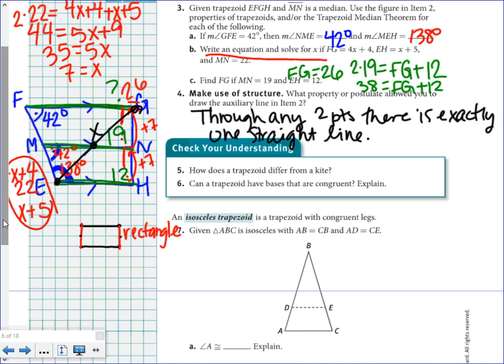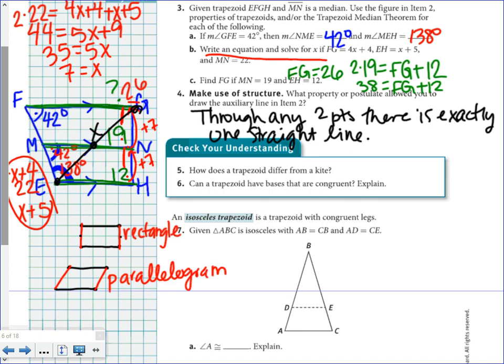But it doesn't have to be a rectangle. It could create something like this, which is a parallelogram. A rectangle is a type of parallelogram.